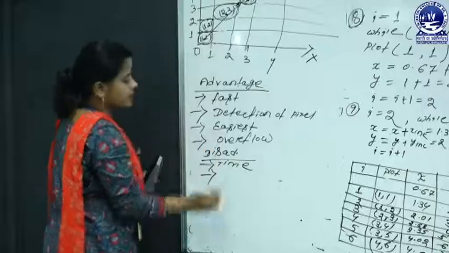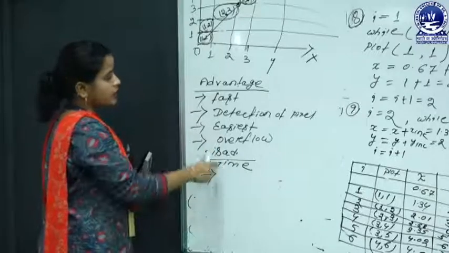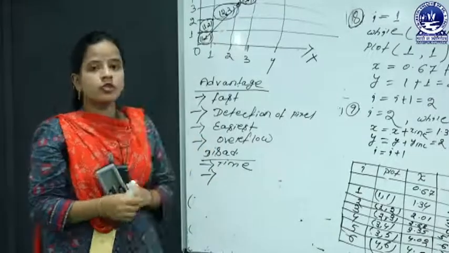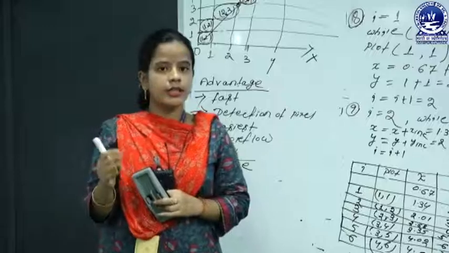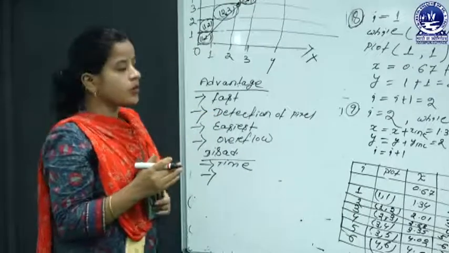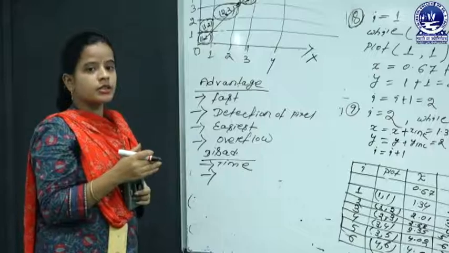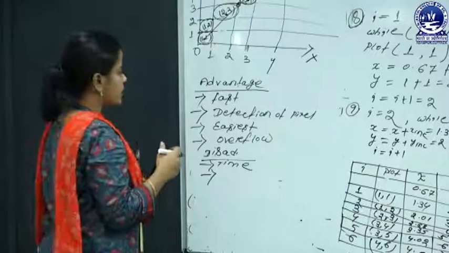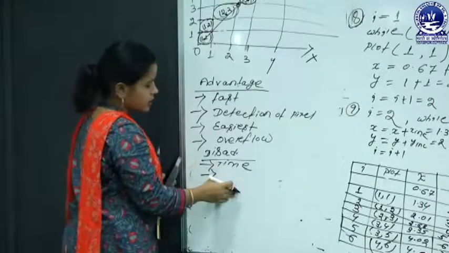Then another main point: if the programmer needs to draw the algorithm for software purposes, it is very flexible. But whenever we have to draw the lines by using hardware elements, it may not be flexible.